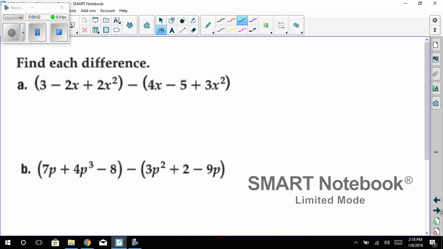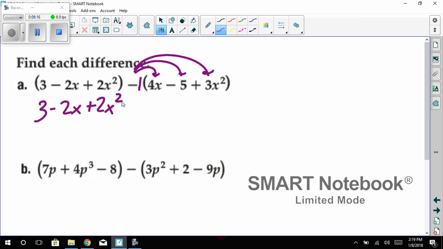Last thing is going to be finding differences, or subtracting. First thing you have to do is distribute. I always put a negative 1 there, and I distribute this negative 1, so we're just going to rewrite this part. Now we're simply combining like terms.